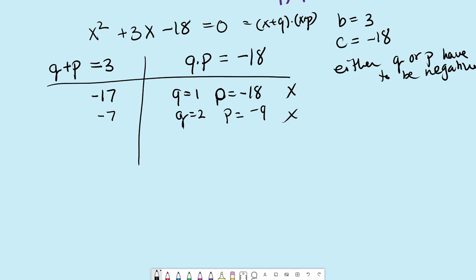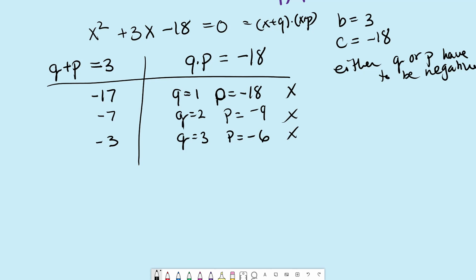Okay, what's our next option? How about q equals 3, right? 3 is a factor of negative 18, and the p that'll give the product is just negative 6, right? 3 times 6 is 18 with a negative sign because of the negative 6. 3 plus negative 6 gives us negative 3. So we're close. We have the right number, but not the right sign.